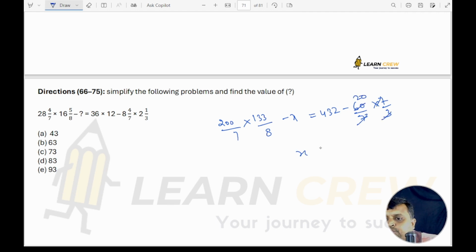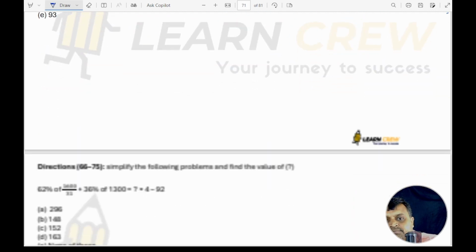Now your x would be 7 nineteens are 133, 25 nineteens are 475, so x would be 475 minus 412. 475 minus 412 is 63. 63 is the answer. Next.